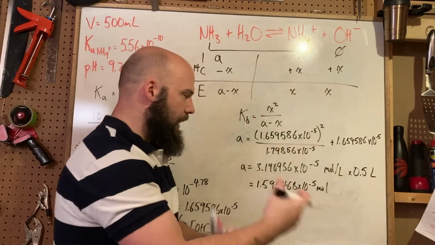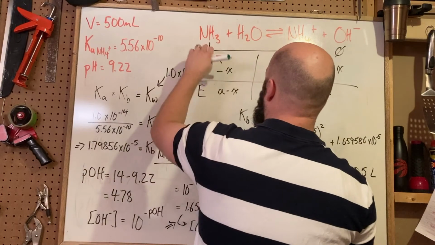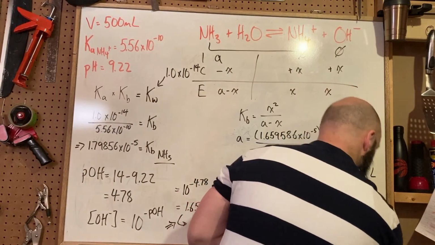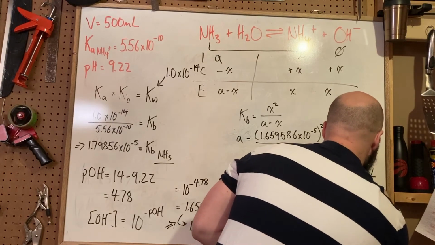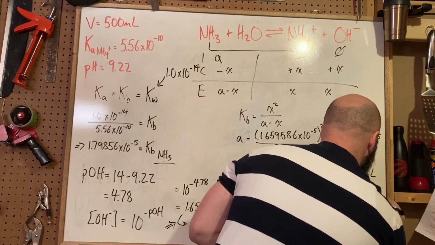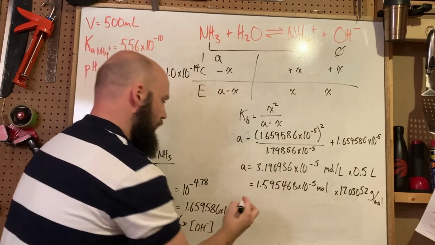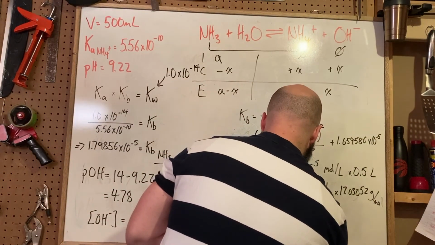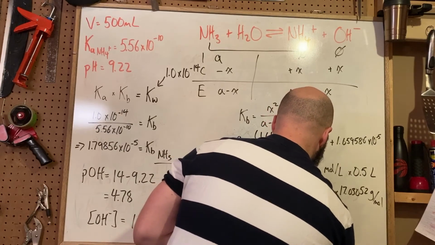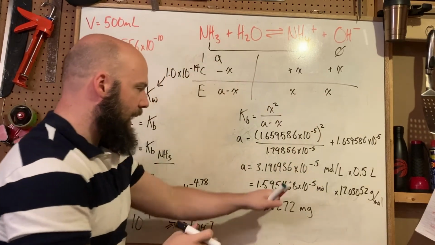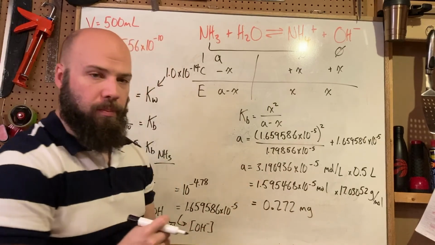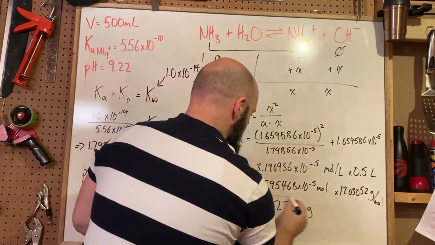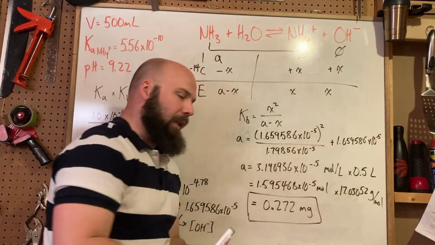And then multiply that by your molar mass of ammonia, which is 17.03052 grams per mole, to get your grams. And that's going to be 0.272 milligrams. You're going to get it times 10 to the negative 10 and then multiply by 1,000 to convert it to milligrams. And that is your final answer.